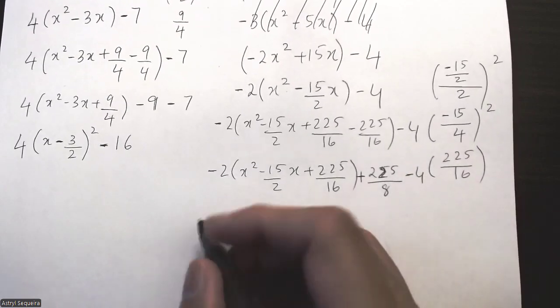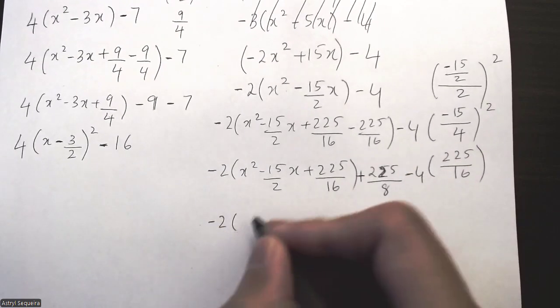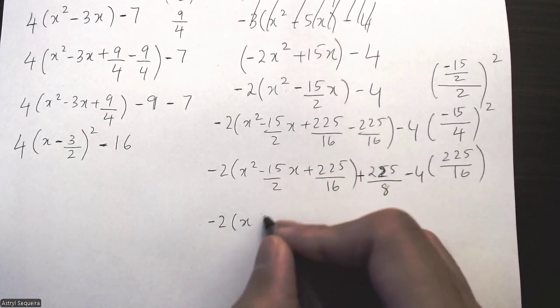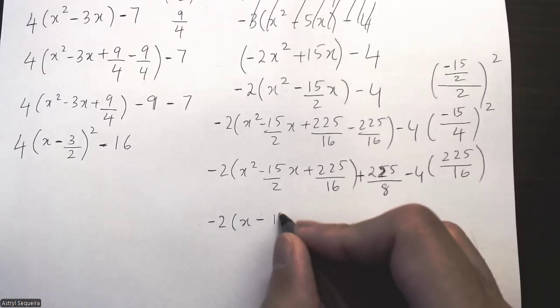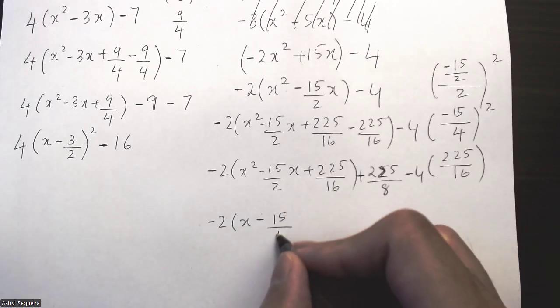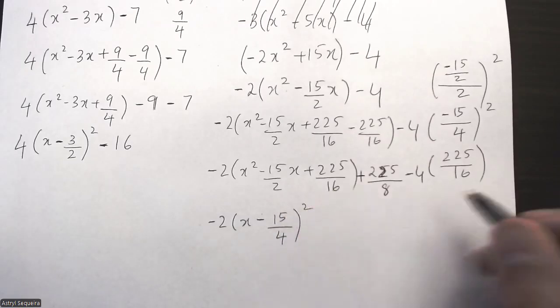So now we need to perfect square the brackets. So square root of x squared is x. Take the sign from the middle. Square root of 225 is 15. Square root of 16 is 4. Put a square outside the bracket.